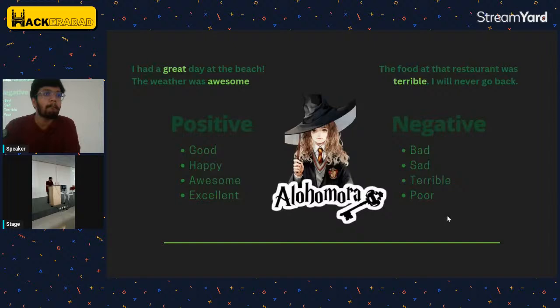Because we're happy. But for example, if you don't know English or something like that, you just know some keywords. Then how do you say if it's a positive statement or a negative statement? Depending on the words. Exactly. So great and awesome are positive words. So I have two words which are positive in my statement.